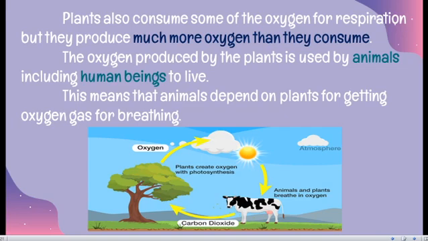The oxygen produced by plants is used by plants, animals and also human beings to live. So we are all depending on plants for getting oxygen, right? We are all depending upon plants and trees, so we must avoid deforestation. We have to plant more trees to get oxygen as well as rain.